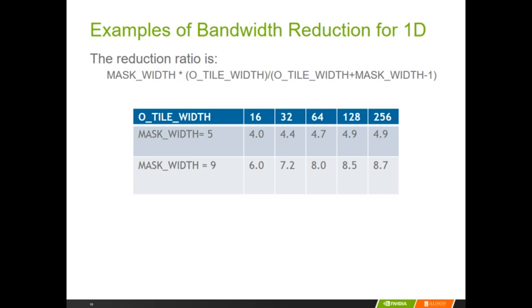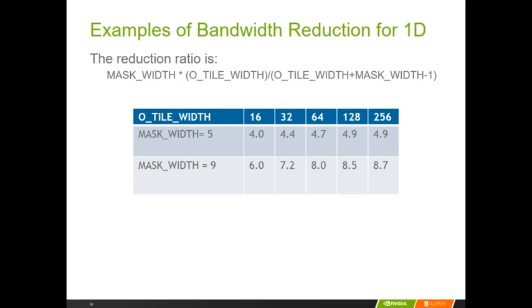We start with output tile width 16 and end with output tile size 256, and the students can calculate 512 and 1024. For mask width 5, the reduction ratio starts with 4.0 with output tile width 16 and ends with 4.9 for output tile width 256.